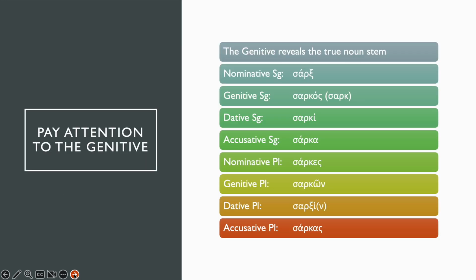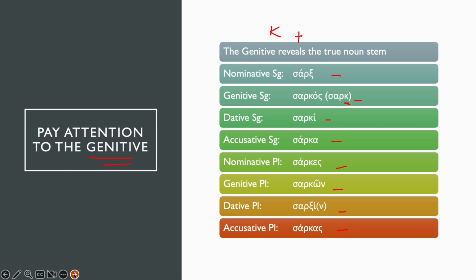Here's an example from the Greek New Testament of sarx, which is flesh. Notice that the actual stem ends with a kappa. So we see that throughout the paradigm. Sarki, sarka, sarkes, sarkon, sarkas. The two areas where it's different are the nominative singular and the dative plural.